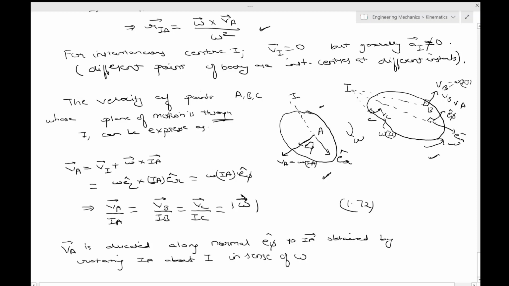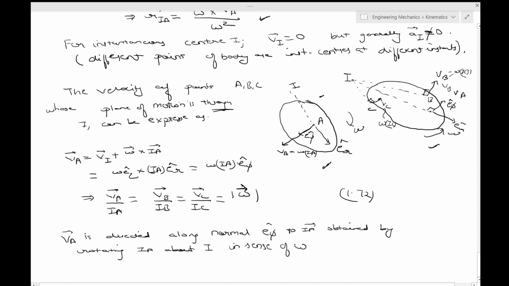So if you rotate IA about I in sense of omega, you get this E5 direction. Please use your right hand thumb rule and see whether all this is making sense.